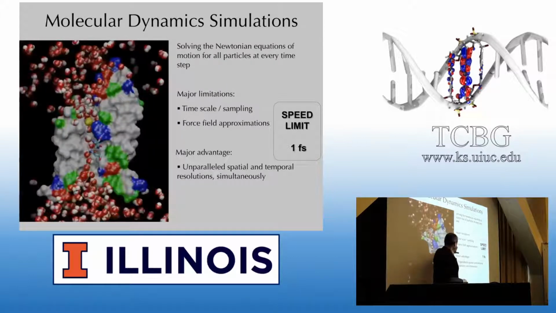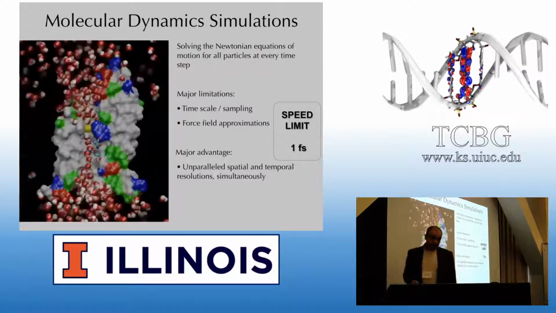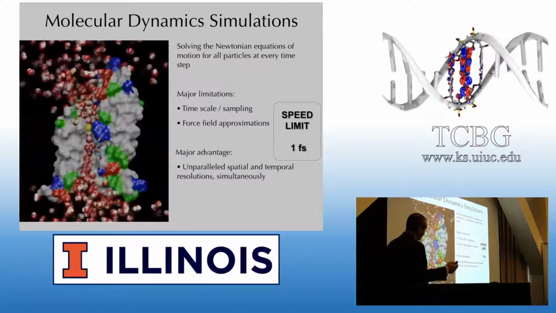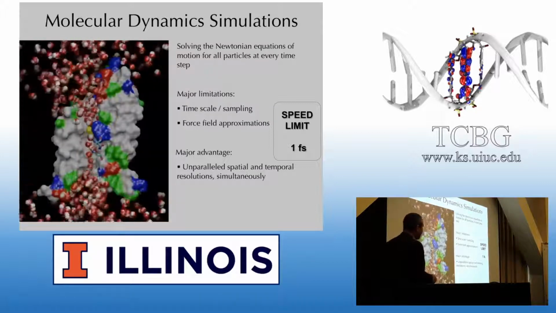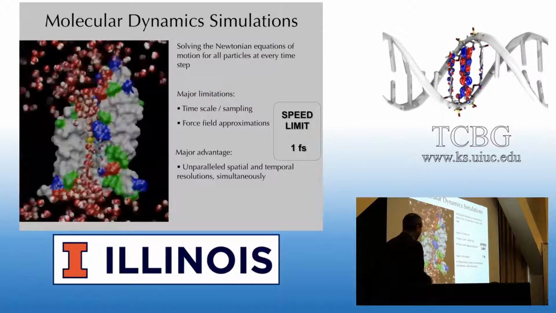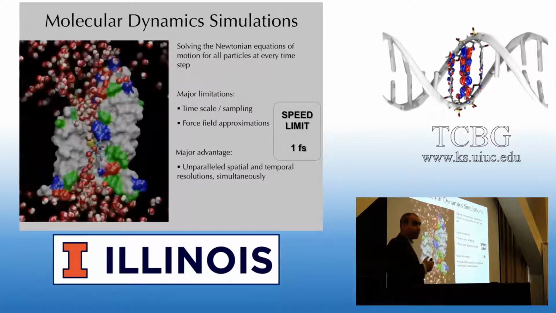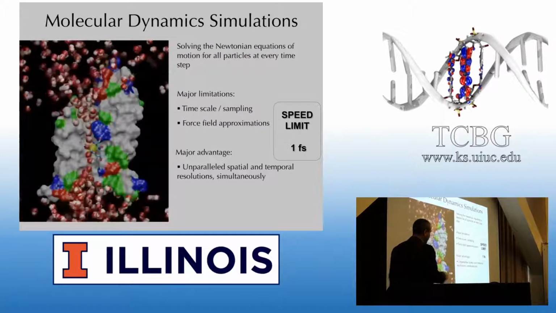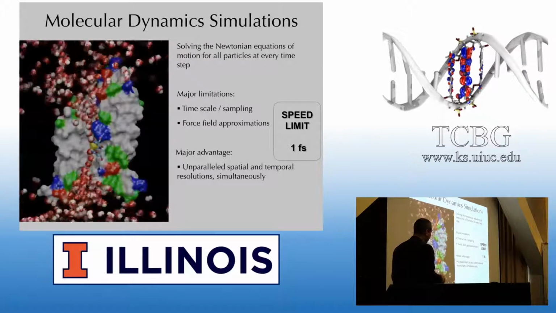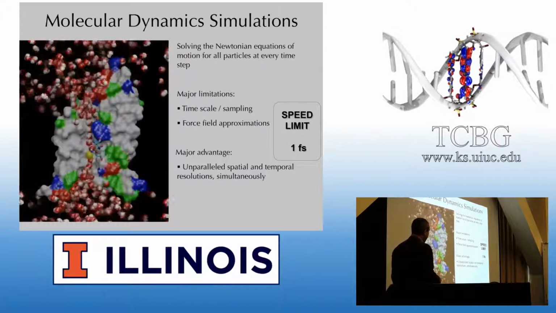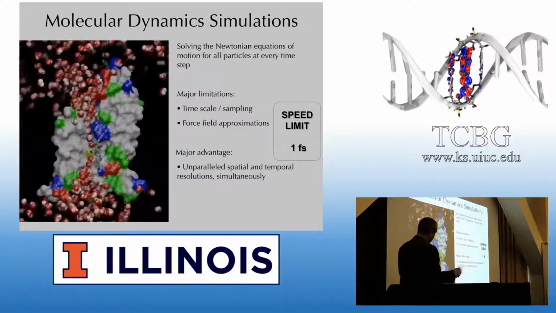And the other aspect is force field approximation. Most of the things we do are classical. And of course, there are problems describing a complicated electronic structure with a handful of numbers, fixed charge, and everything. So these are the two major issues. People are working on this. Of course, we want to make faster and faster algorithms that can take advantage of supercomputers in a better way.